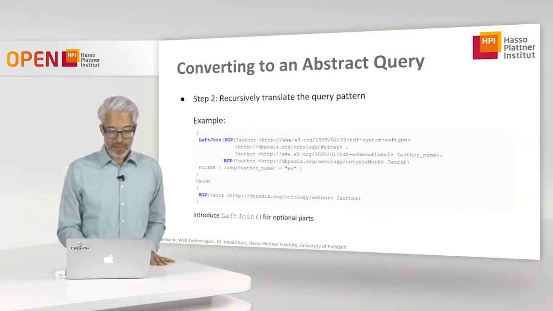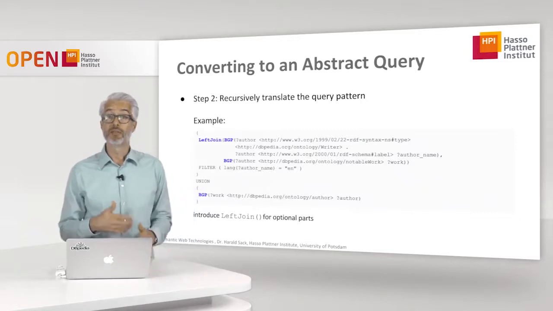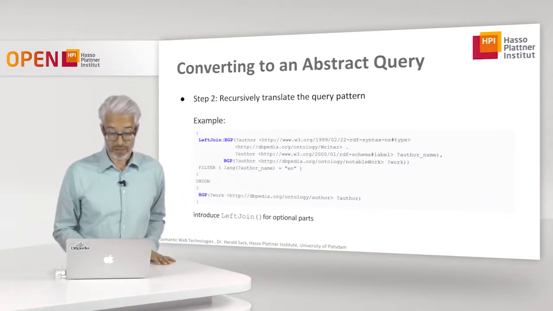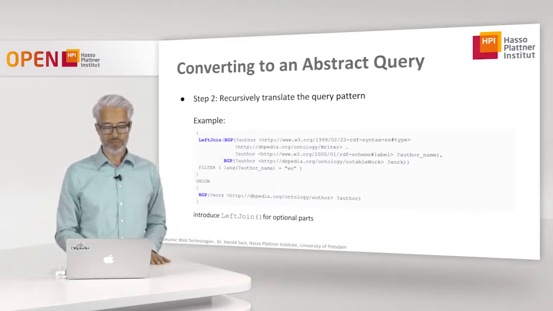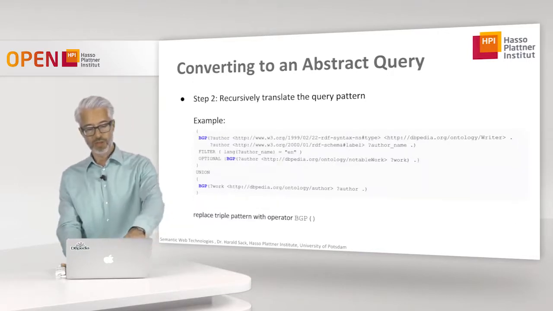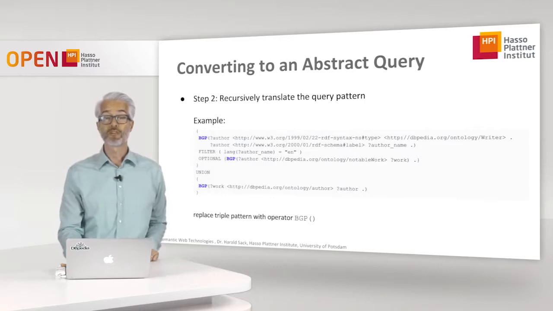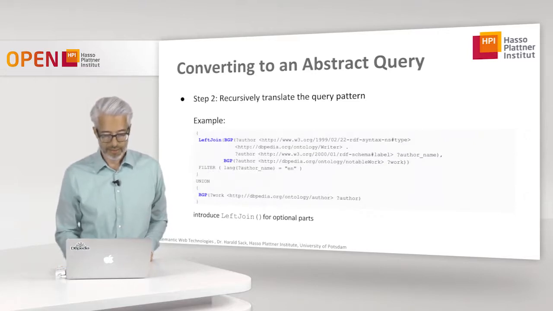The next part is the identification of left joins. Left joins are, as we remember, the optional identifier. So we introduce left joins for all optional parts of the query. Let's go one back. We had the expression optional between the first two basic graph patterns, so we combine both of them within a left join. This is the next slide that you see here.